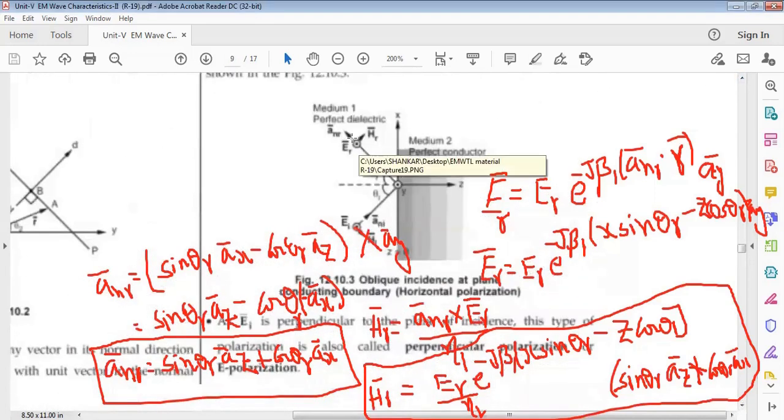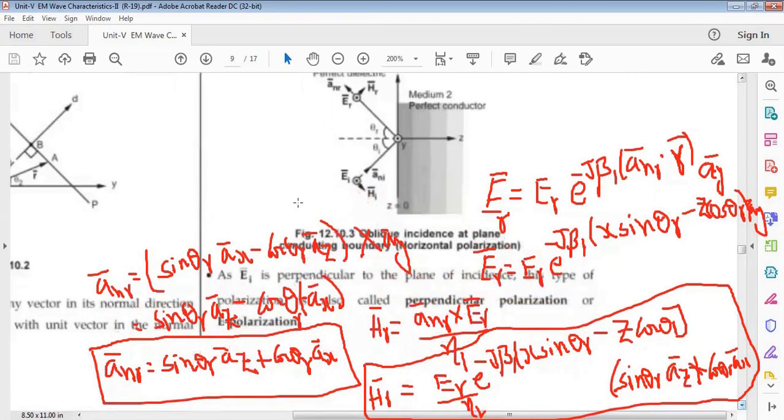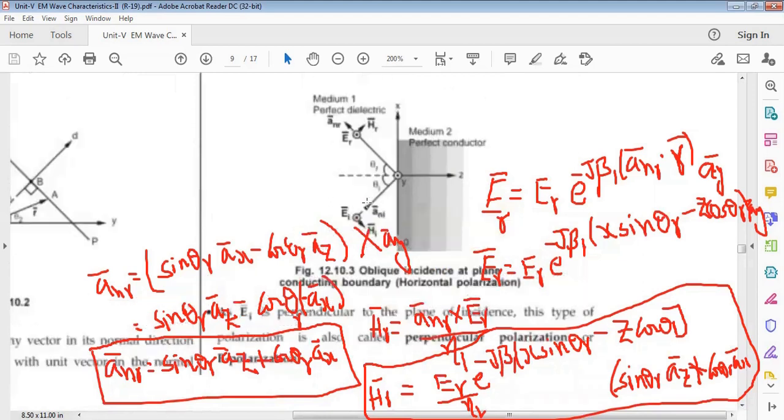From the diagram itself, see here. There is a diagram that we used previously to find the HI bar. I draw a perpendicular line and take that as a right triangle here itself. Now here also you can take to get sin theta R into AZ bar plus cos theta R into AX, adjacent side.